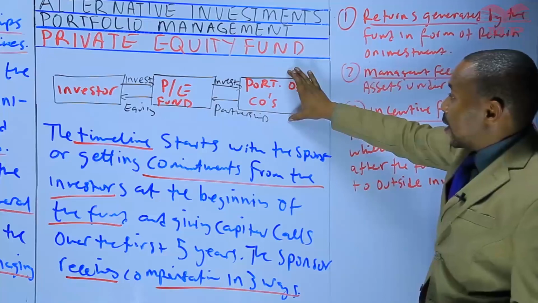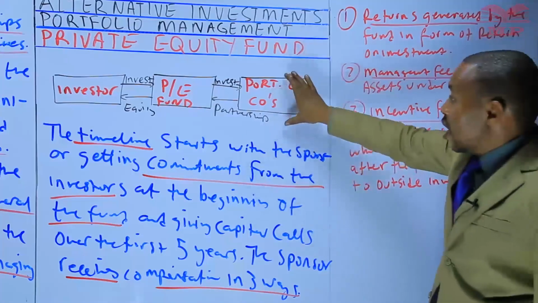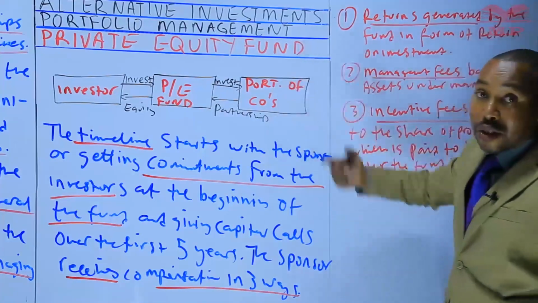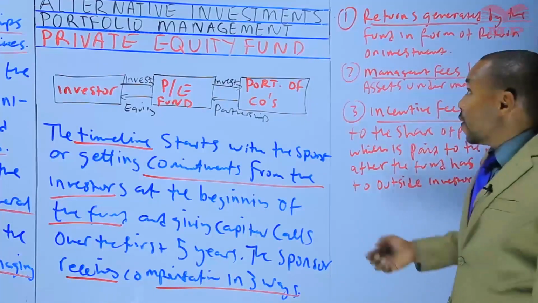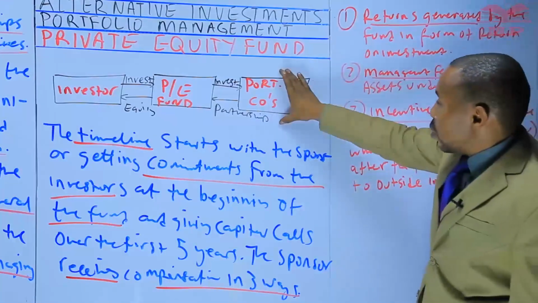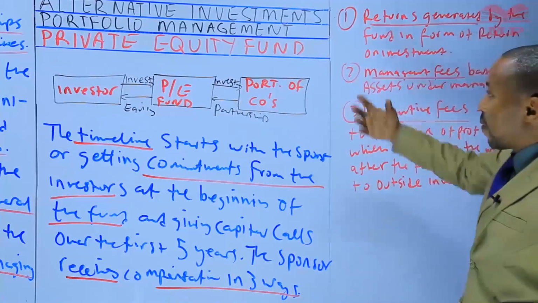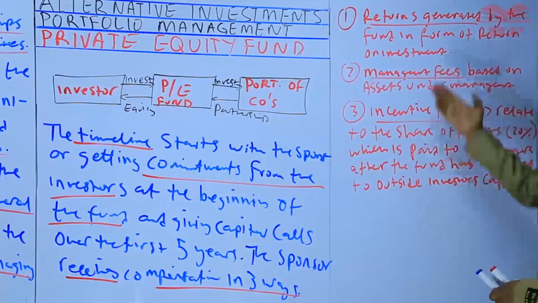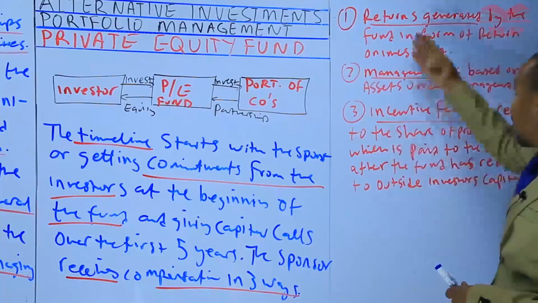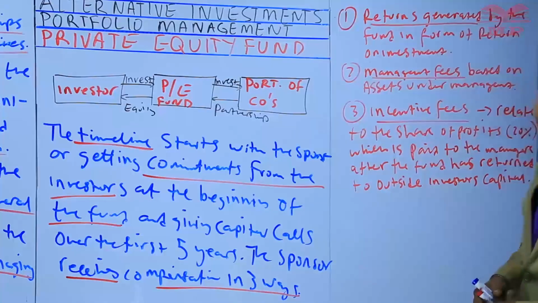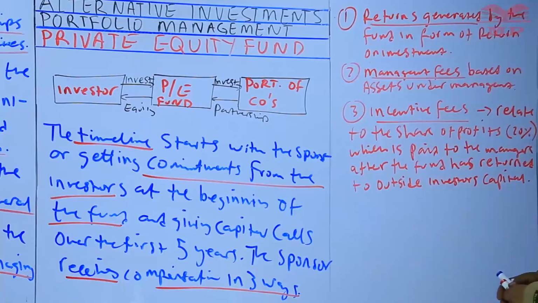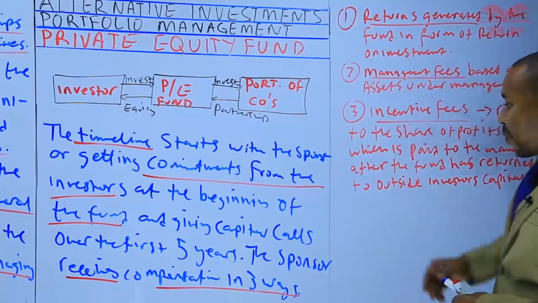And then after a period of 5 years, the value of that company translates to around 7 billion. So the difference between the capital committed to that company and the value of that company after the end of 5 years is the return on investment. That's the first way of compensation.